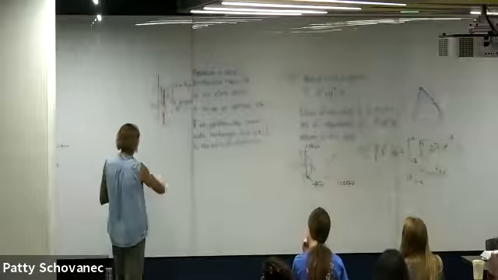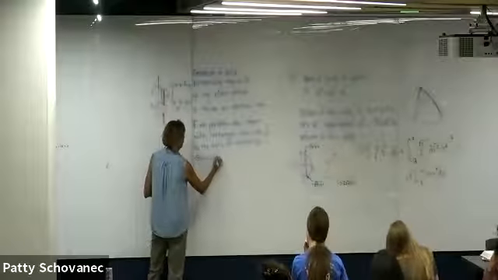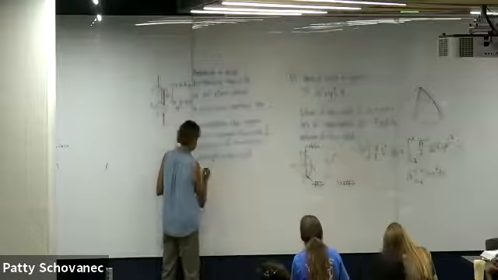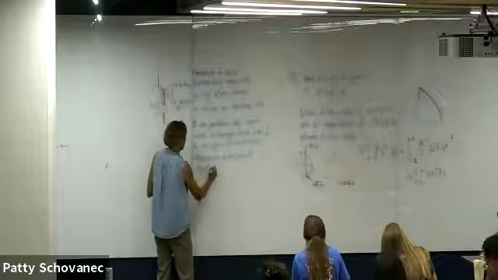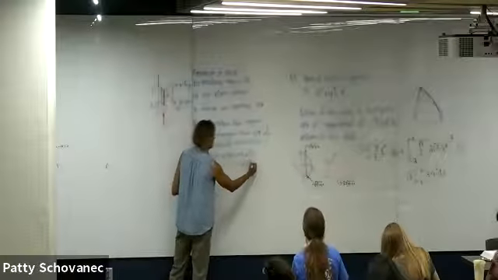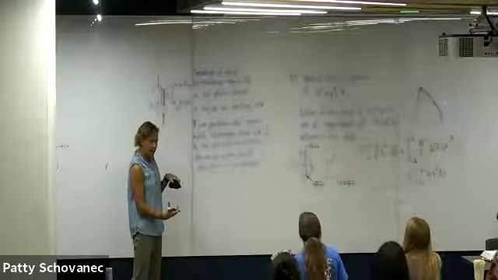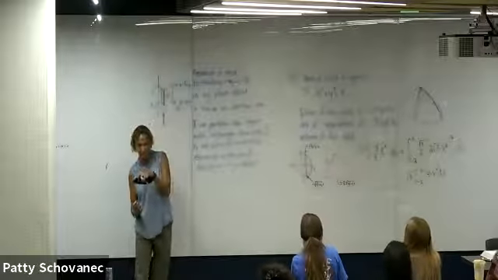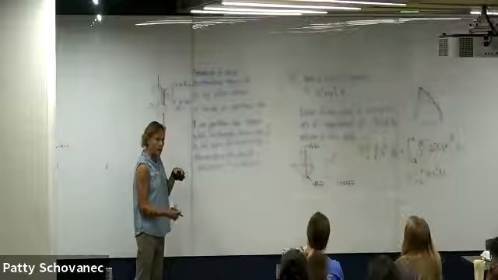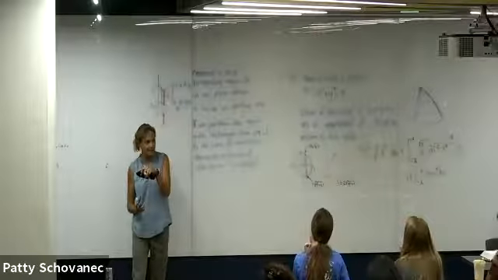If we get a washer, we know the volume of a washer is going to be the area of the face times the thickness. So in my picture, the area of the face will be pi r squared, or if I need to subtract off the hole, then the thickness is going to be a dx.